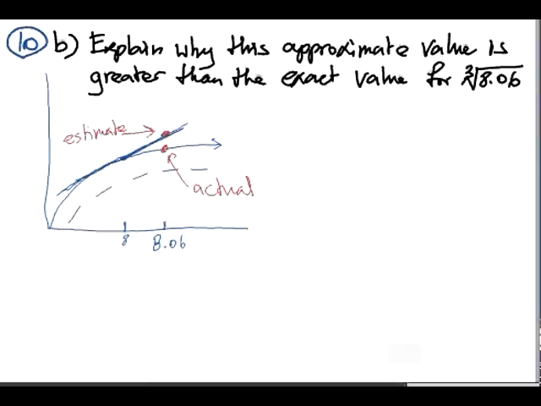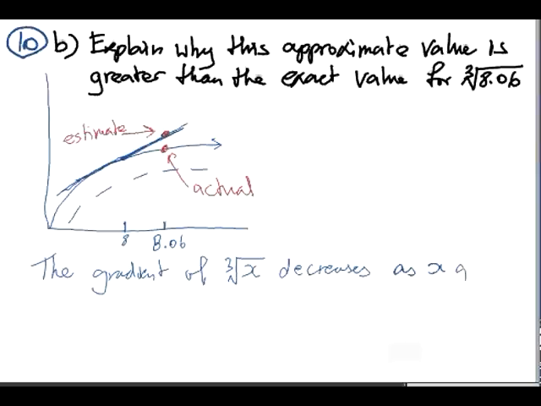But perhaps you could say something along these lines. You could say the gradient of the cube root of x decreases as x goes from 8 to 8.06. Well, in fact, it decreases as x increases from 0, right?